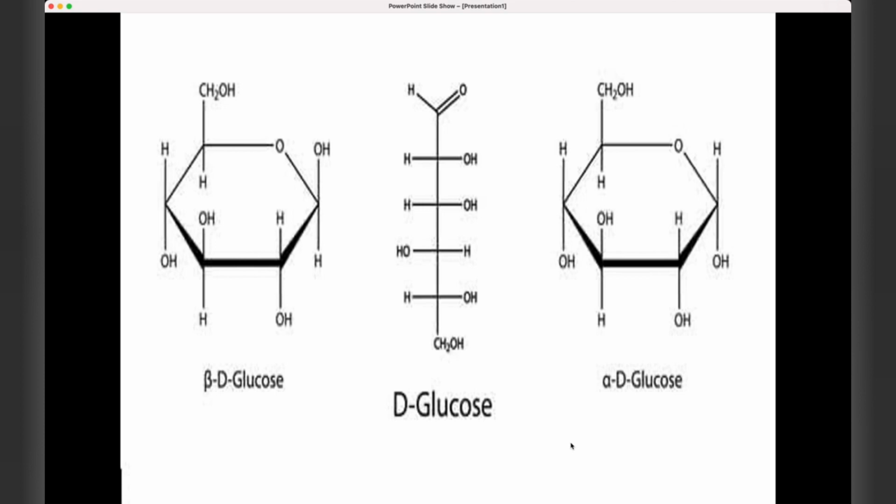Despite having the aldehyde group, glucose does not give Schiff's test, and this behavior could not be explained by the open structure of glucose. So it was proposed that one of the OH groups adds to the CHO group and forms a cyclic hemiacetal structure. And what is meant by hemiacetal? A hemiacetal is a carbon connected to two oxygen atoms, where one oxygen is an alcohol, that is OH, and the other is an ether, OR.